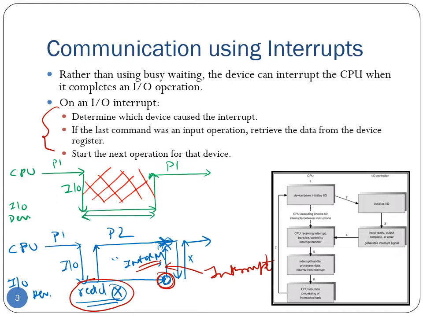It will go back and retrieve the data from the device register, and then if there is more data that the CPU wants to read from this device, it will set up the device for the next read command. This picture over here summarizes the steps involved in an interrupt driven IO transfer. This will make more sense once we go through some details of implementing interrupts in our systems.